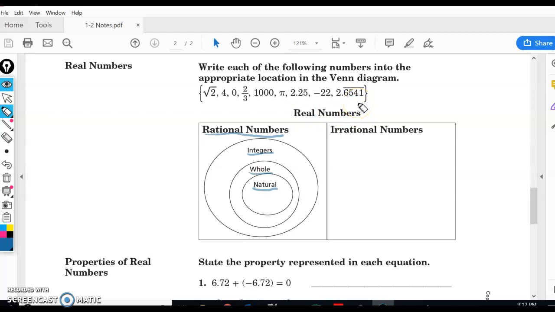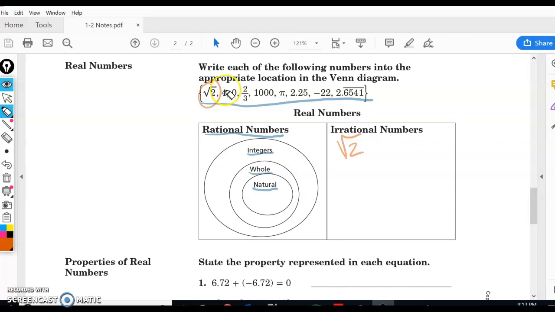So what we're going to do is take each number and place it into the smallest subset that it belongs to, the smallest circle. Let's start with the square root of 2. If you type that in your calculator, you get a non-repeating, non-terminating decimal. It is irrational. Basically, any non-perfect square inside of a square root is always irrational.